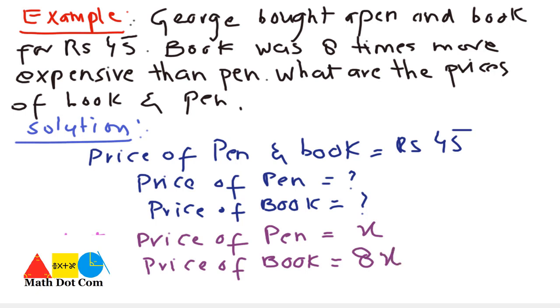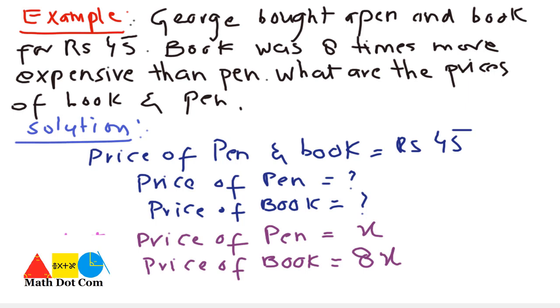Now in step C you will apply the condition according to the example. The price of pen and book together was given, but the price of pen individually and the price of book was not.